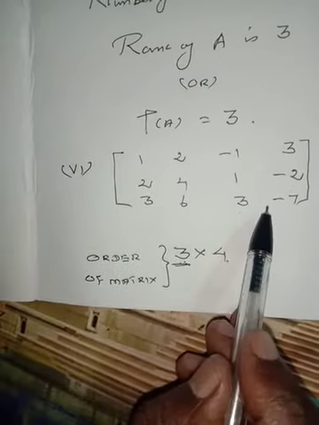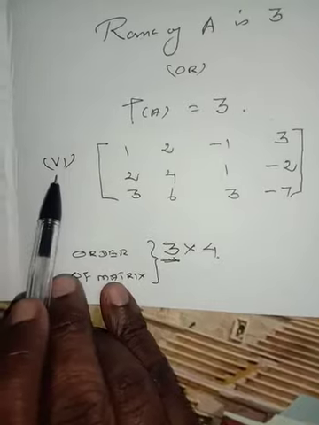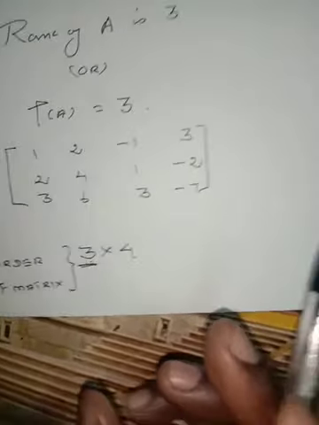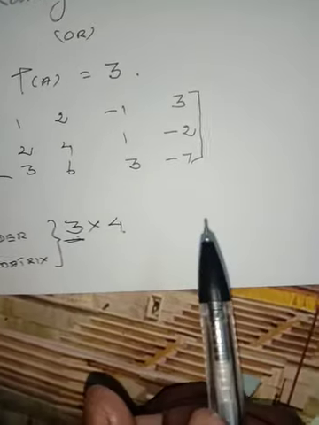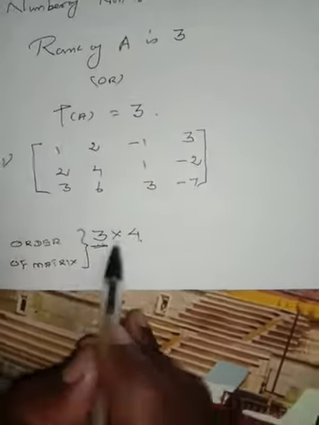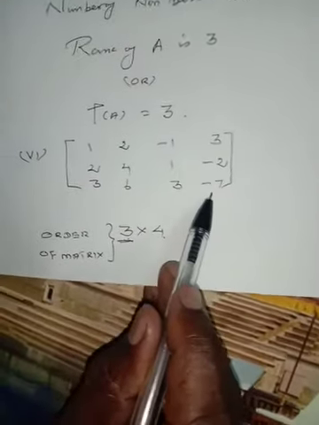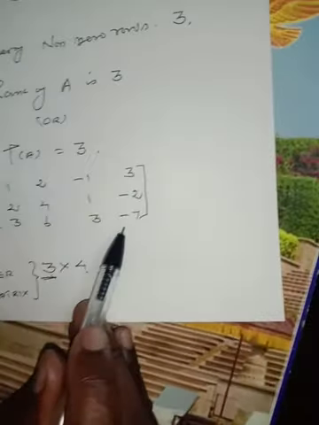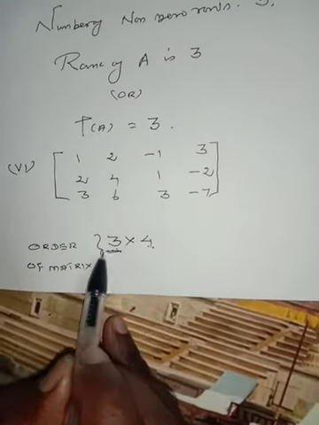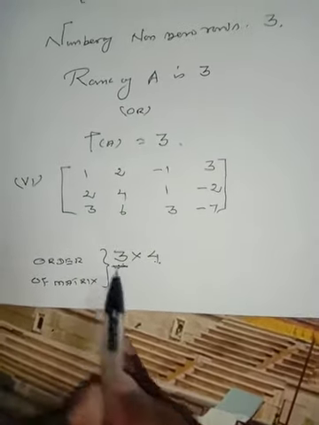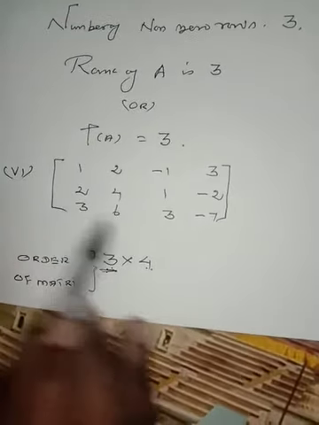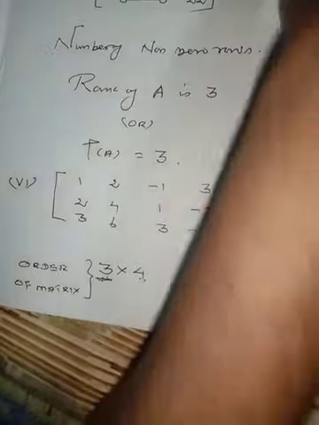So the rank of matrix A is 3 or 2 or 1. Only these ranks are possible for this problem. The reason is that 3 cross 4 is the order of the matrix and the minimum number is 3. So the maximum rank is 3, then 2 or 1 is the rank of the matrix.